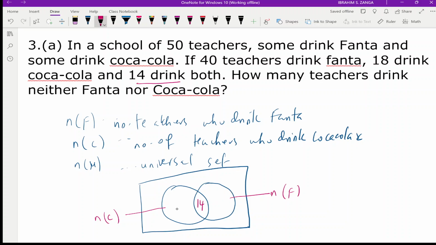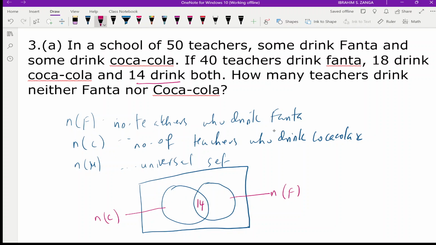And those who drink Fanta in total, they are 40. So here you'll be taking 40 minus 14, an apology.